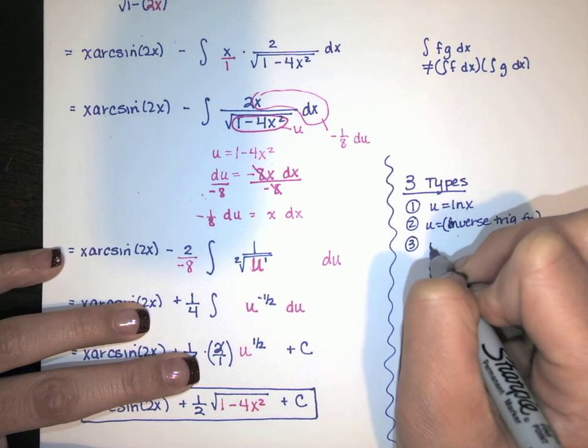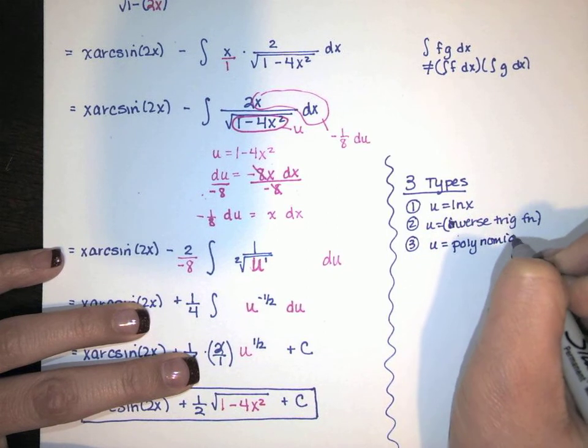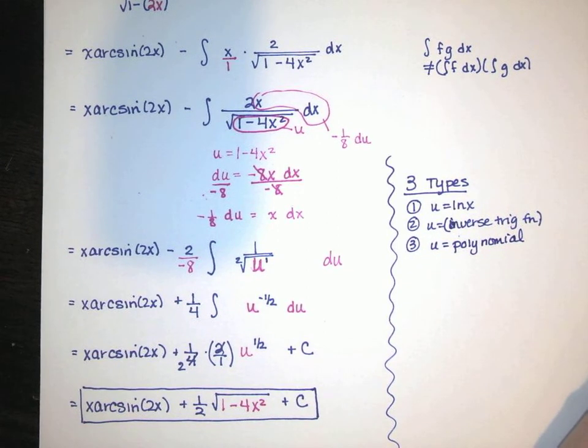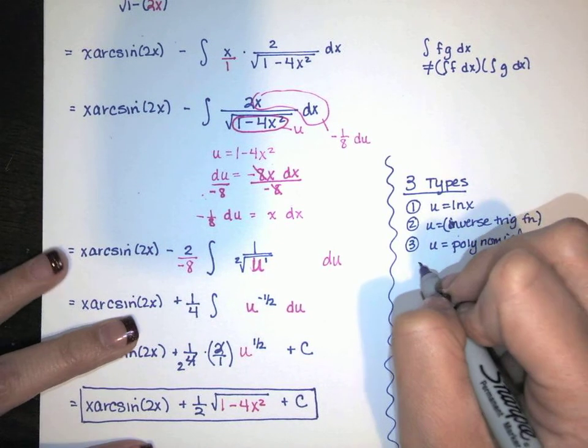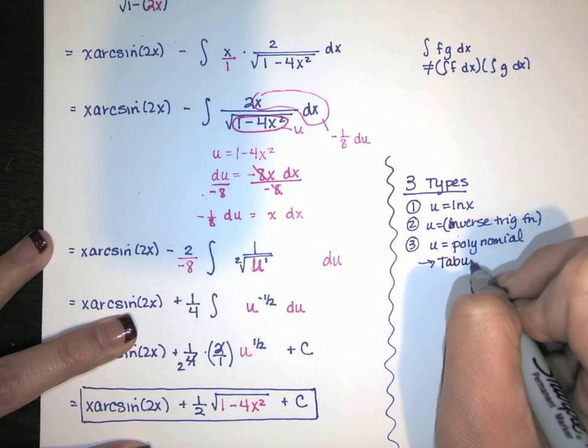And then the last one is where u is a polynomial. Now, I already showed you an example where u is a first degree polynomial. But if u is a polynomial of degree 2 or higher, in this case we want to use what's called tabular integration by parts.